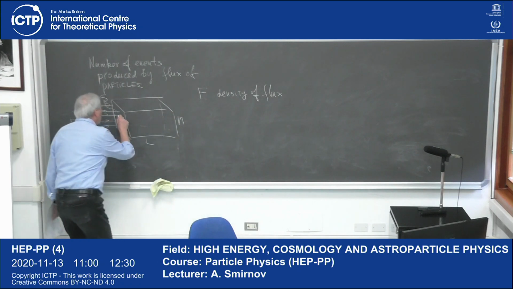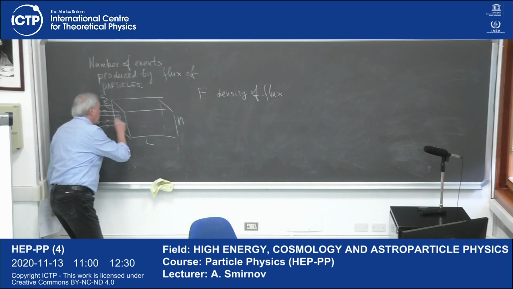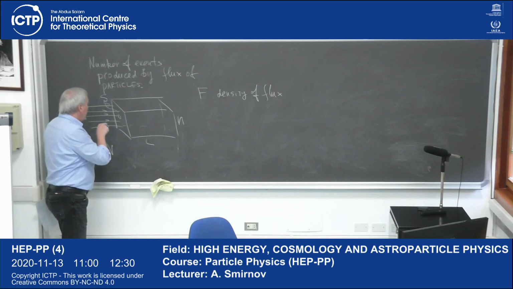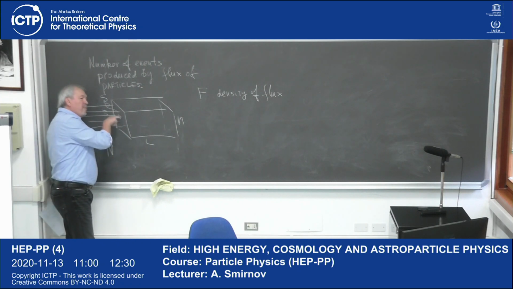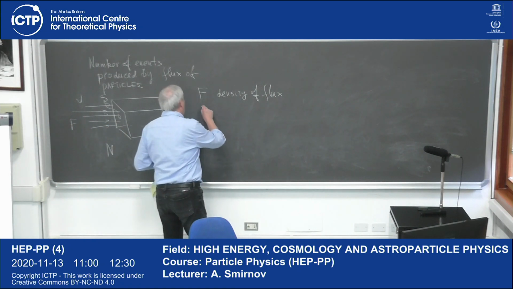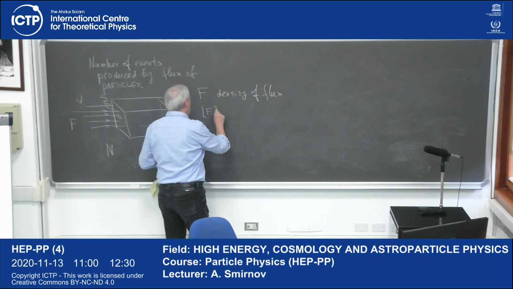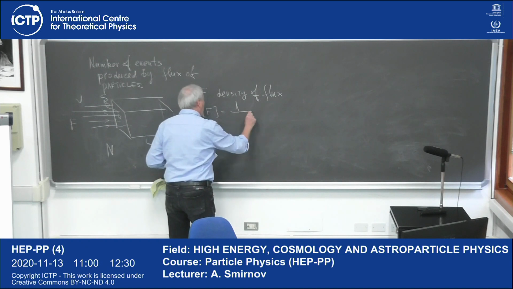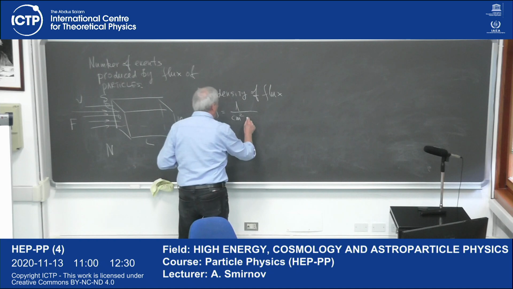So we take here a unit of surface, and then F is the number of particles or neutrinos which cross this unit of surface in the unit of time. This is what we call the density of the flux. And the density of the flux has dimension 1 over centimeter squared over second.